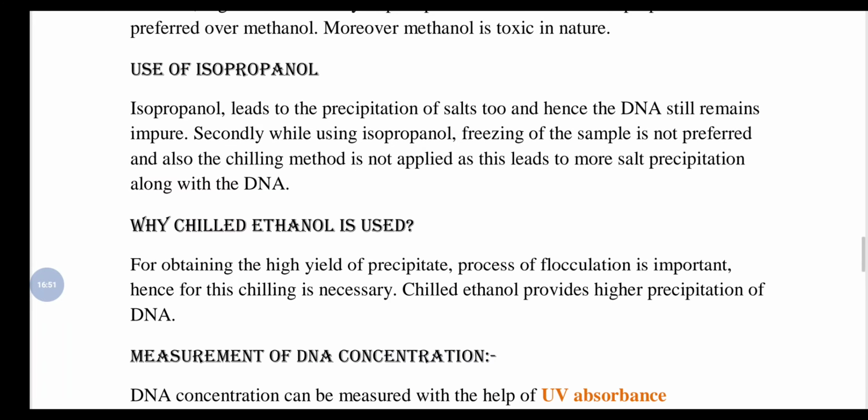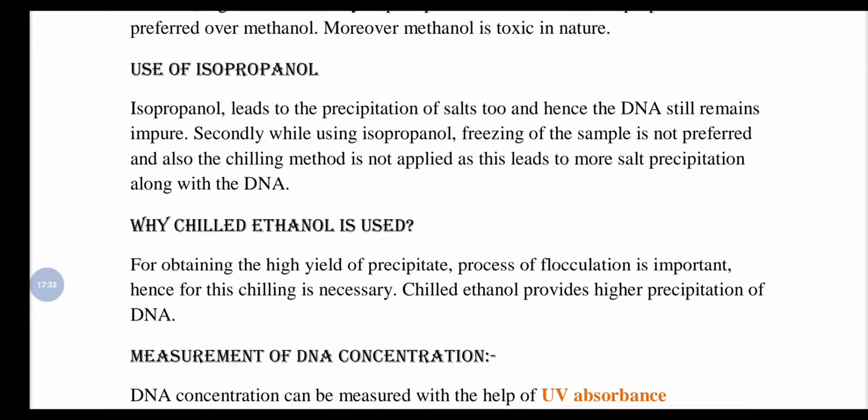Next, in our last lesson we discussed that when we use salts for the precipitation of DNA, we generally don't go for isopropanol. Though chilled isopropanol leads to better precipitation, when we use salts we generally don't prefer isopropanol. Why? Because isopropanol precipitates the salt in a higher quantity, so ultimately the DNA will remain with impurities, the salts.